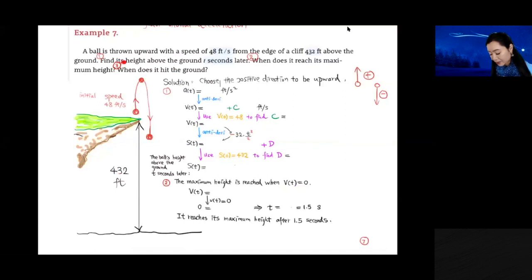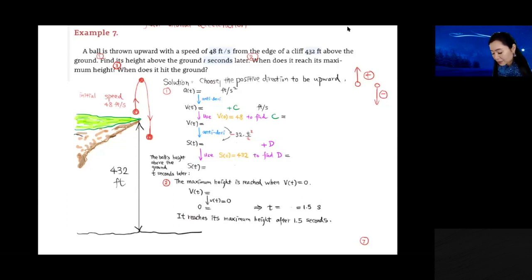Find its height above the ground t seconds later, which means you try to find the position function of the ball. So we're going to choose the positive direction to be upward. Going up is positive, going down we consider as negative.